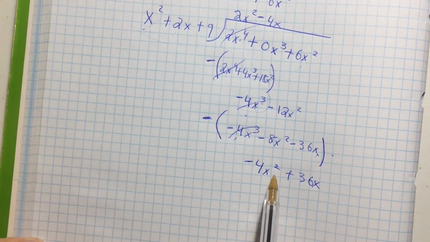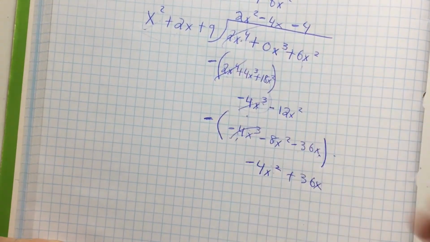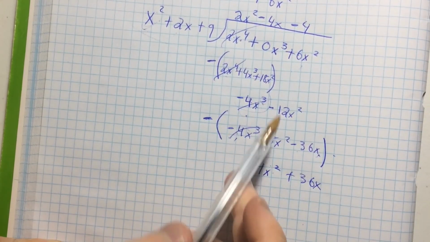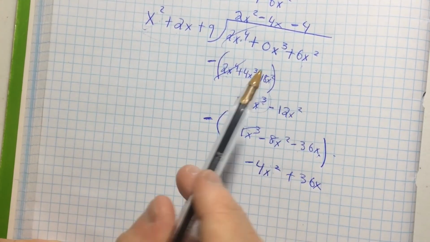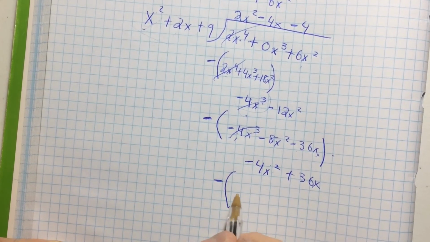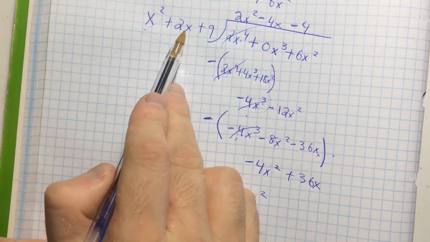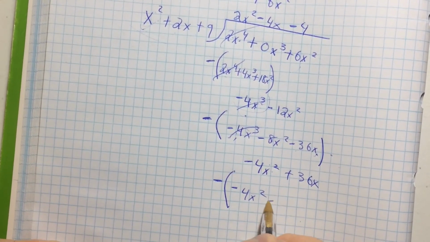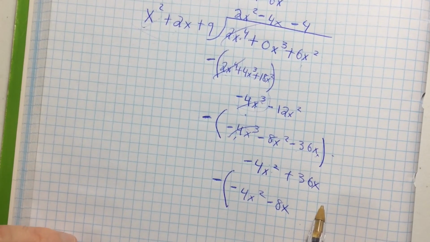So, x squared goes into negative 4x squared how many times? That goes into that minus 4 times. So you want to write that there. Now you want to multiply minus 4 by this entire expression again. So minus 4 times x squared, minus sign, bracket, minus 4x squared, minus 4 times 2x is minus 8x.